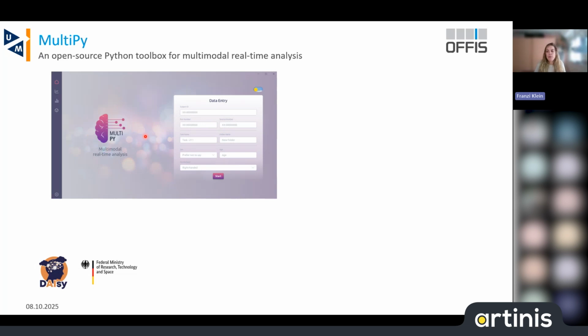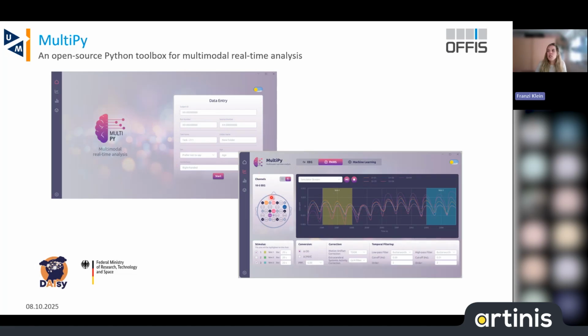You can do EEG and EEG informed fNIRS GLM, so you can add the EEG information basically for improving your GLM. But we have also some machine learning parts so that you can also put both together into a classification approach for generating your BCI application.